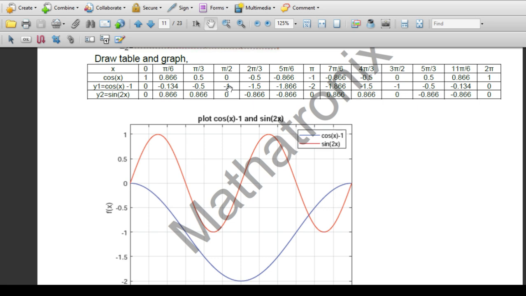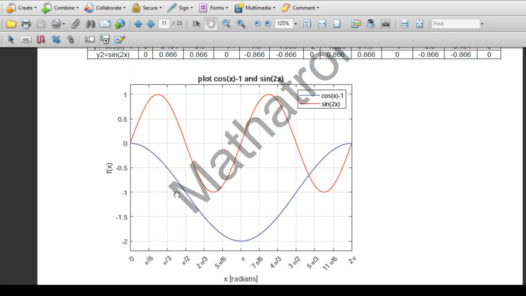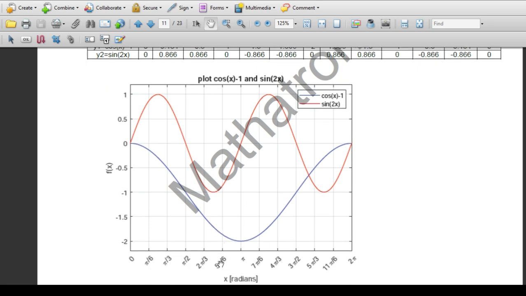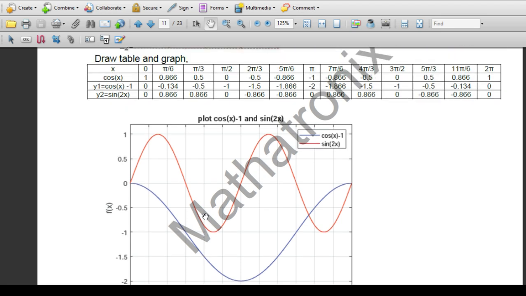At pi by 2, the value is minus 1. At 2 pi by 3 the value is minus 1.5. Similarly, the whole graph is plotted and eventually the value is 0, and this is minus 0.134 here.